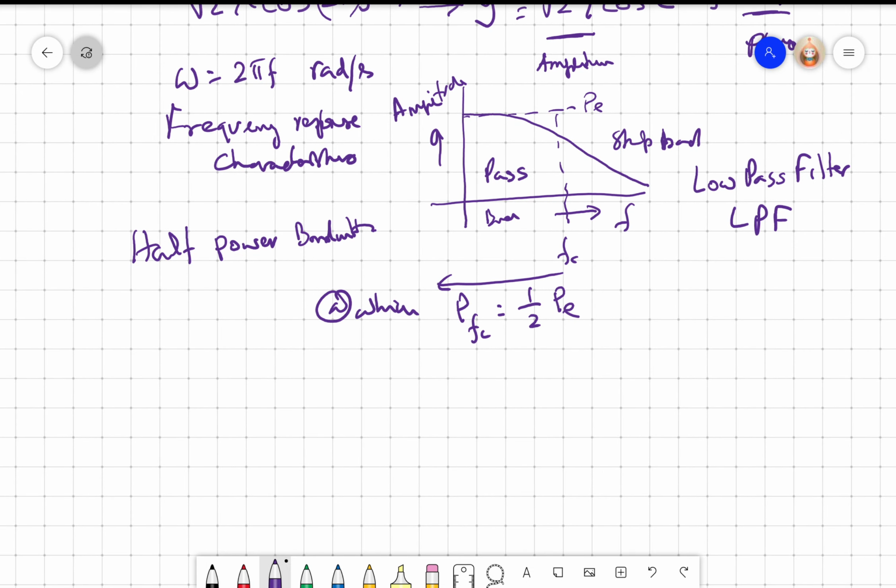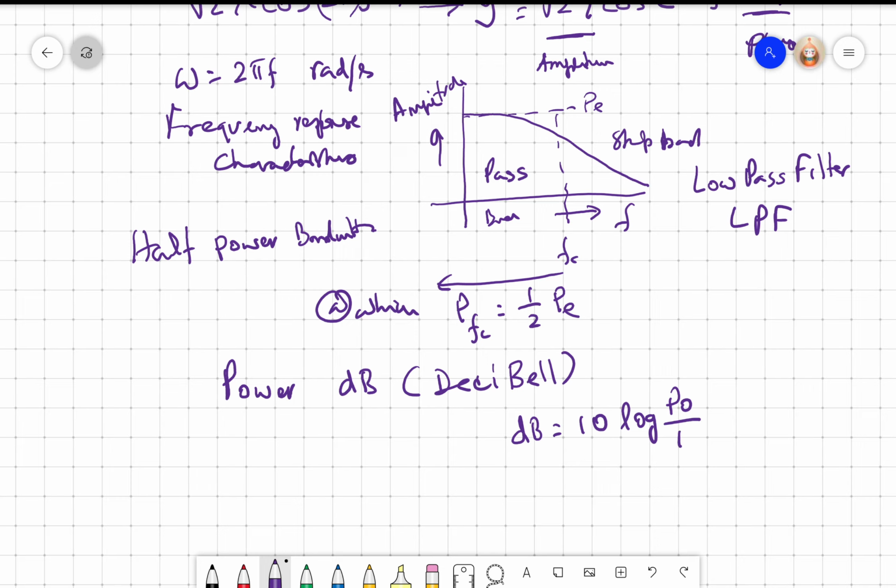Sometimes, especially when we are dealing with low power, we also express power in a unit called decibel, dB. What is decibel? Deci means 10. So power in dB is 10 times log P naught by Pi.